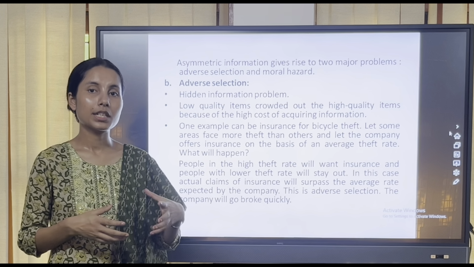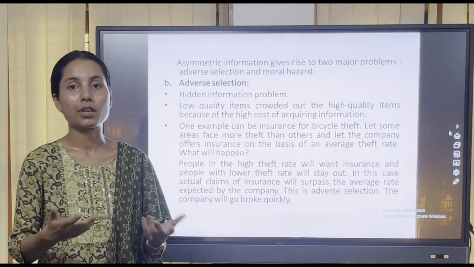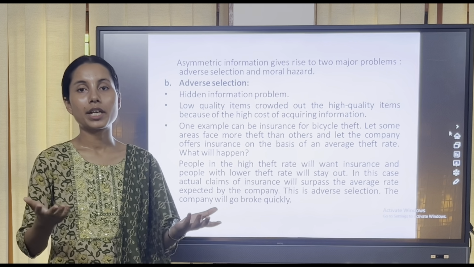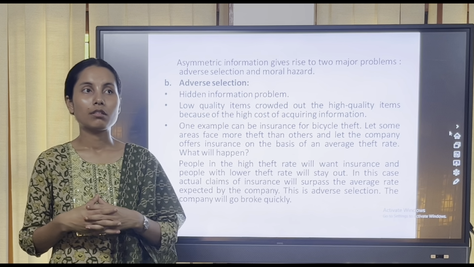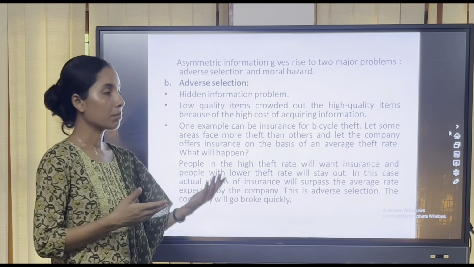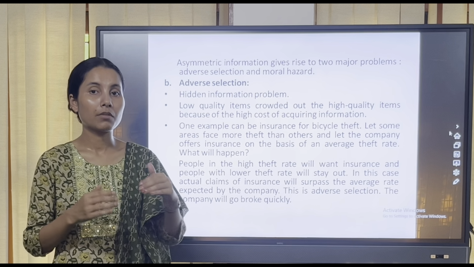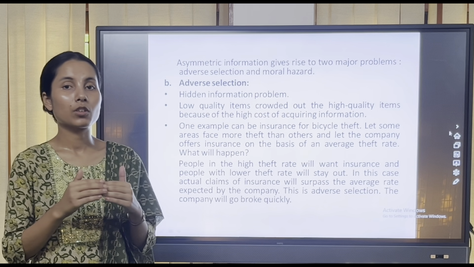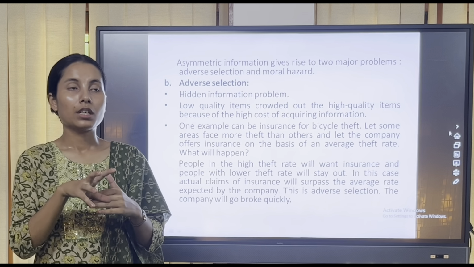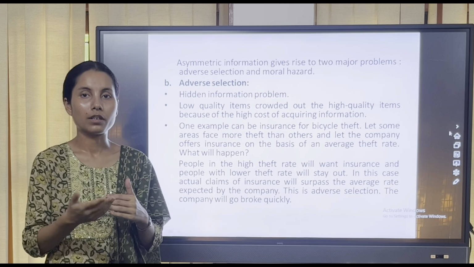Suppose in different areas the probability of bicycle theft is different. Not all the areas are facing the same level of theft. So the company will assume that there is an equal number of thefts, and they will set a price for their insurance based on the average number of thefts that they expect will occur.